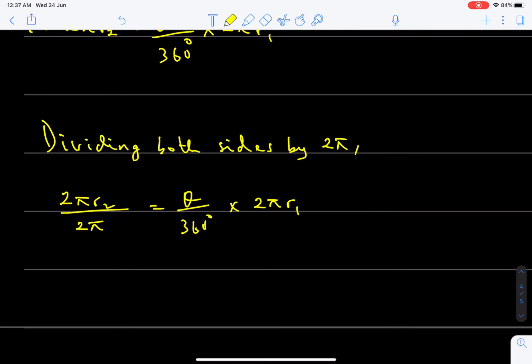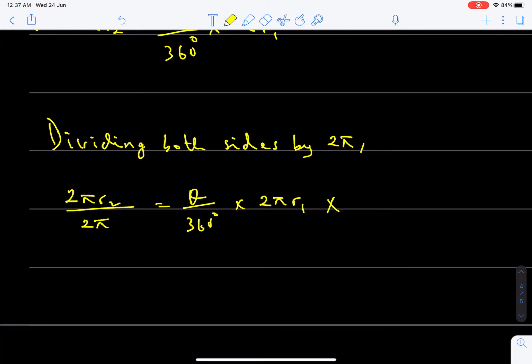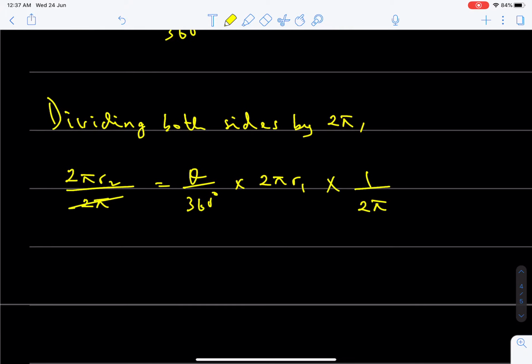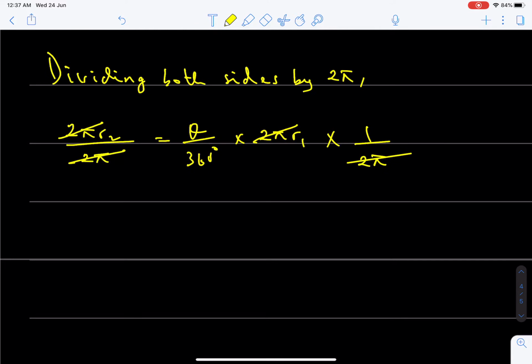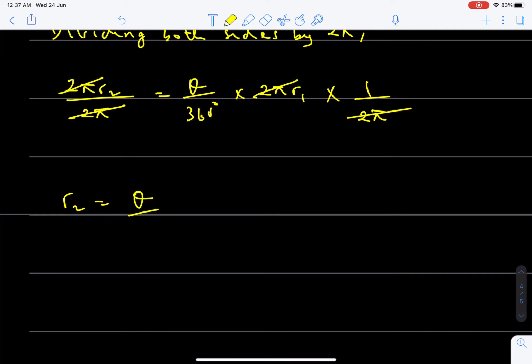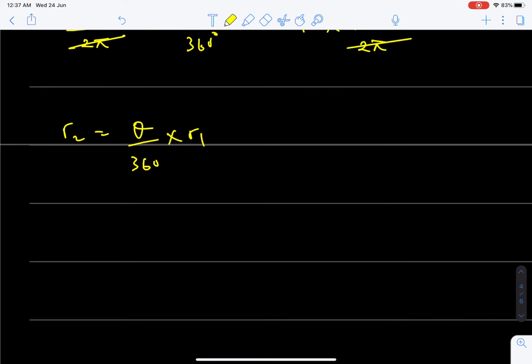Dividing this by 2 pi means multiplying it by 1 over 2 pi. So 2 pi cancels 2 pi here. And then we have r2, which is the base radius of the cone, equals theta over 360 times r1, which is the radius of the sector.